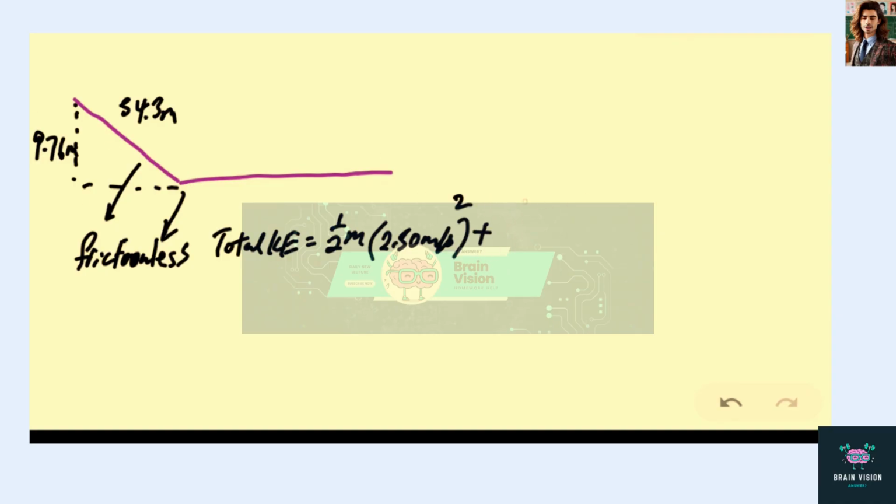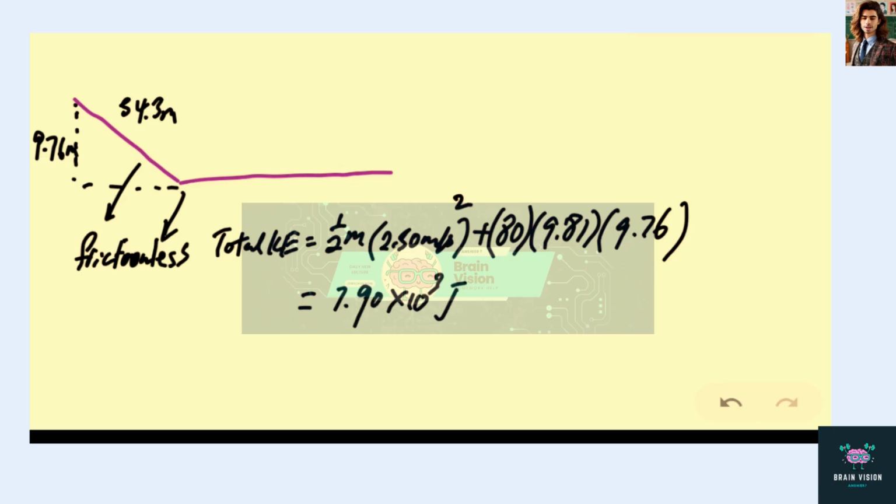So the person is 80 kg times 9.81 times the height of 9.76 meters. The total kinetic energy, you should get about 7.9 times 10 power 3 joules.